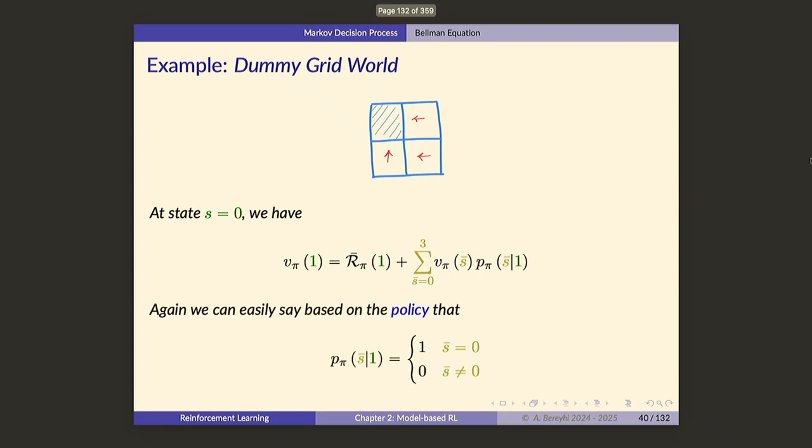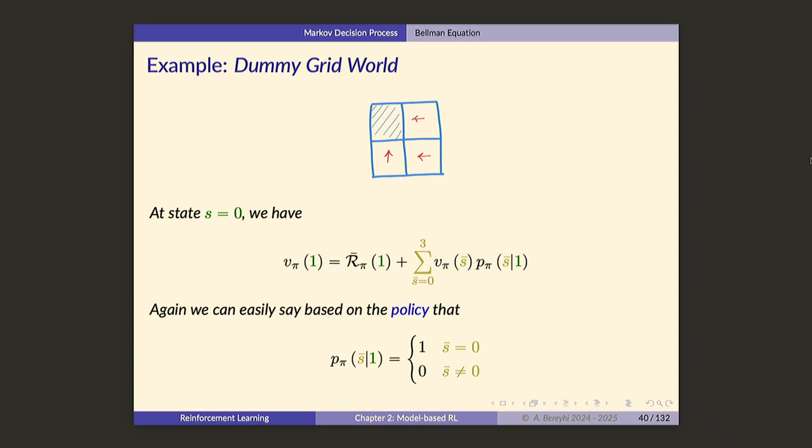So you can again say that with this policy, the probability that I transit to a new state, when this new state is 0, is 1. When this new state is not 0, the probability is 0. Everybody sees that? Questions? No question?